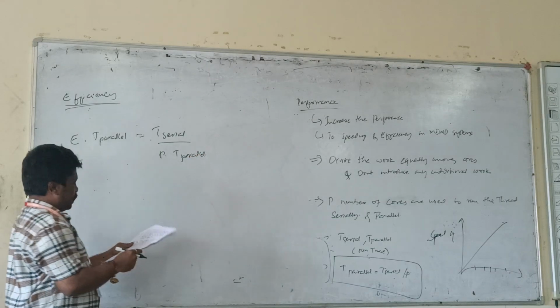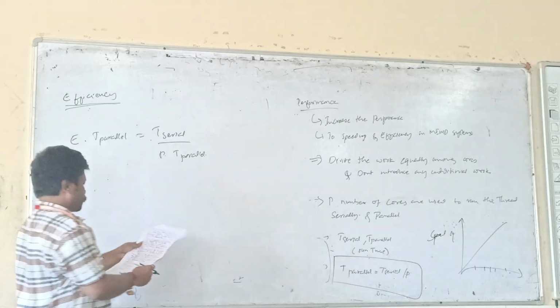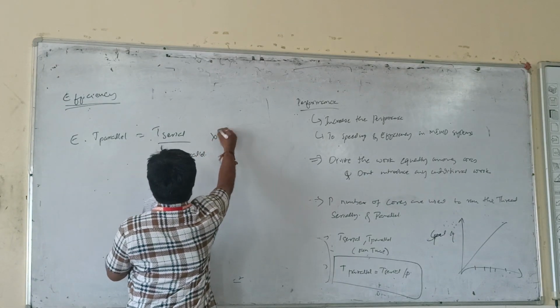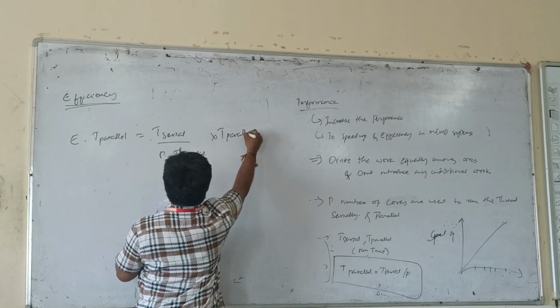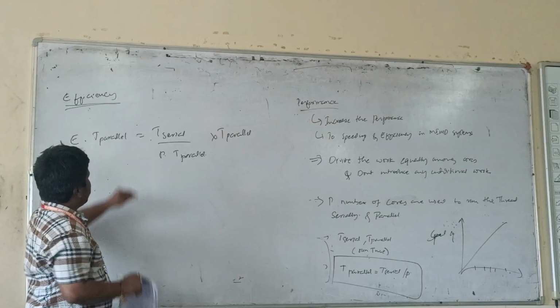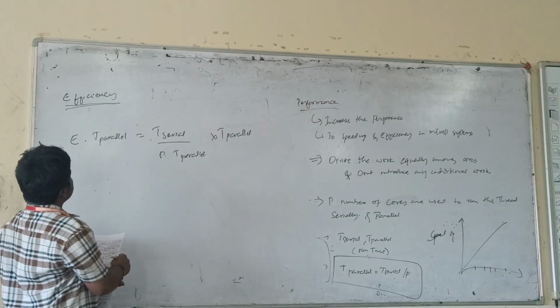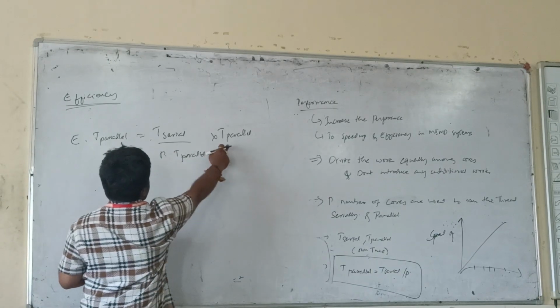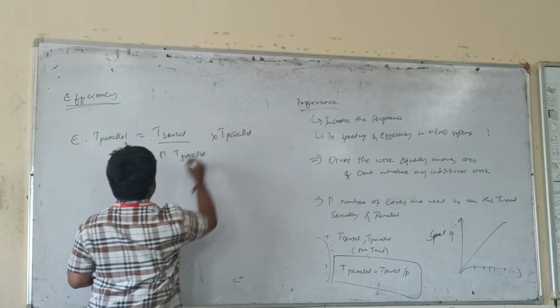As you already knew this one, the efficiency with T parallel: T serial by T parallel, and T parallel gets cancelled.